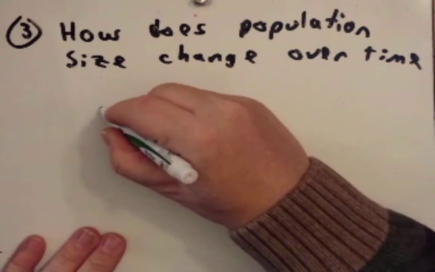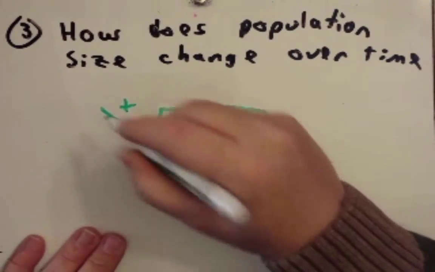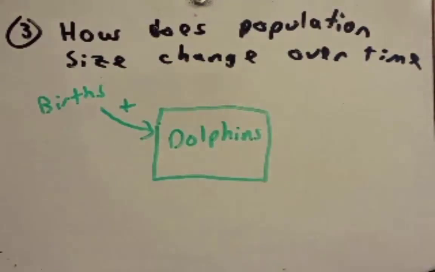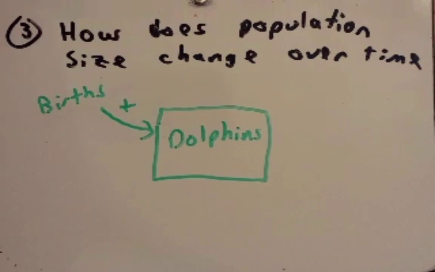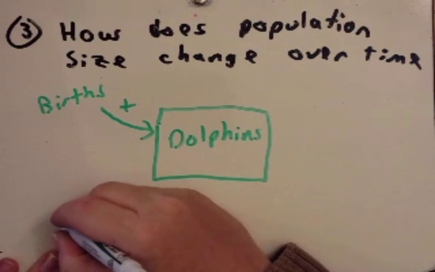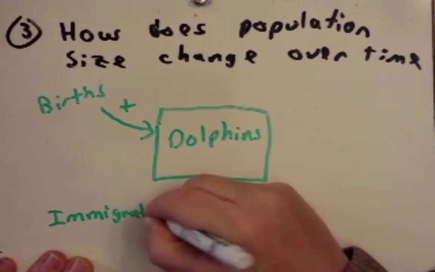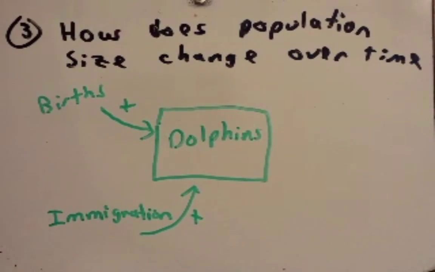Well, several things could. What could add to the population, so we'll put a plus here, would be births. How many new dolphins are born in this population? And answering these questions, you'd have to address questions of reproduction, what influences the reproduction of this dolphin population. We also have cases of immigration. That could add to this dolphin population.